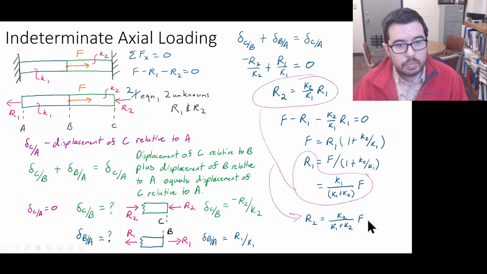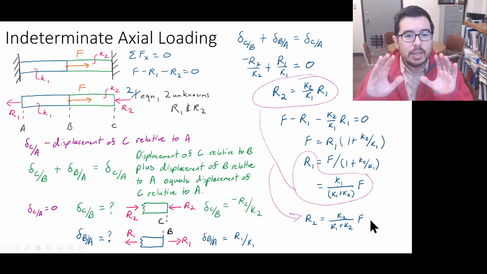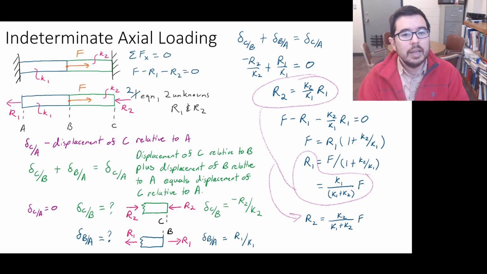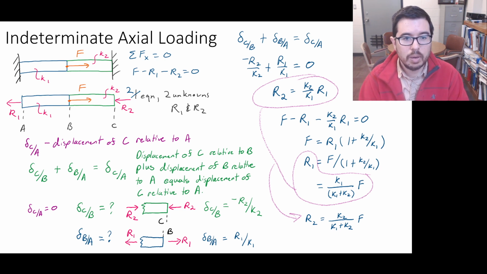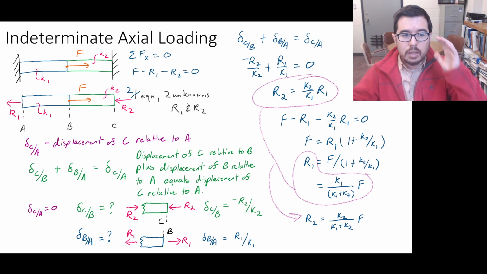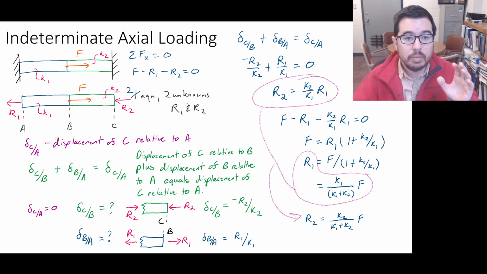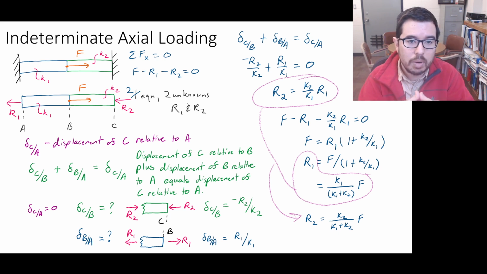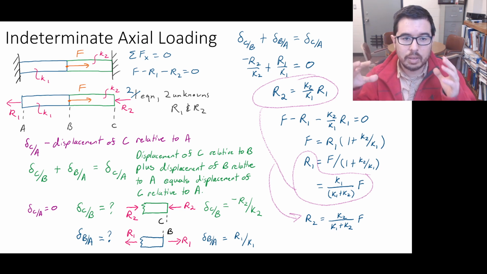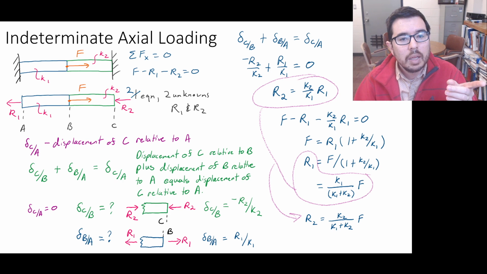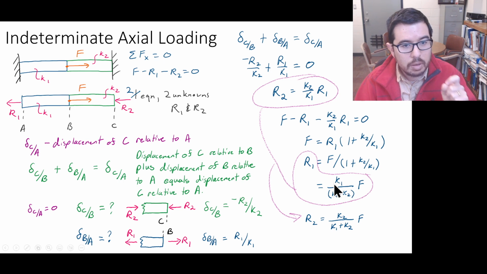times F. Now, this is one of the reasons why I like talking about the stiffness of bars without introducing the material properties. I mean, yes, K is a material property, but in some respects, as a bulk parameter, it's kind of abstracted out a level. Look at what happens to R1 if K1 is large.